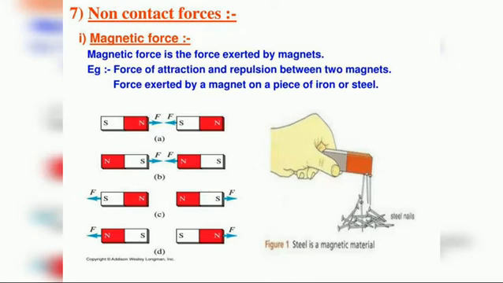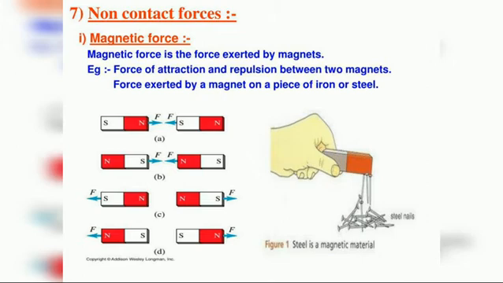So it attracts, meaning unlike poles attract, and same poles repel, isn't it? So these are some examples of non-contact forces. The force exerted by a magnet on a piece of iron is also a non-contact force, isn't it?